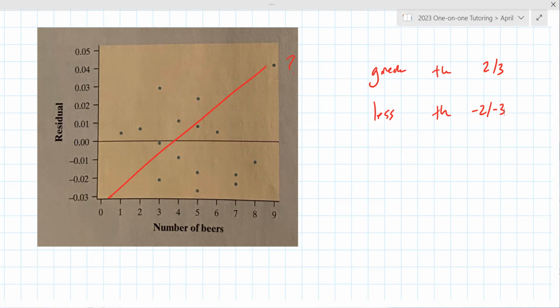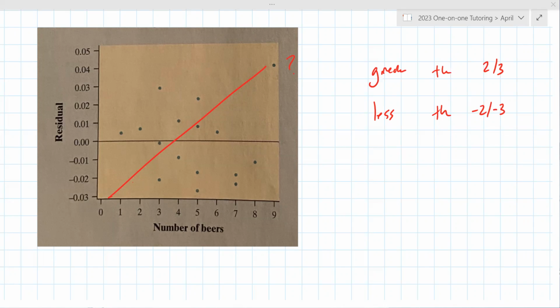Do you have anything from your book to help guide us? Let me take a look. I tend to want to say that this one is okay. Let me see, this was 69. Linear: there is no leftover curved pattern in the residual plot, indicating that a linear model is appropriate.